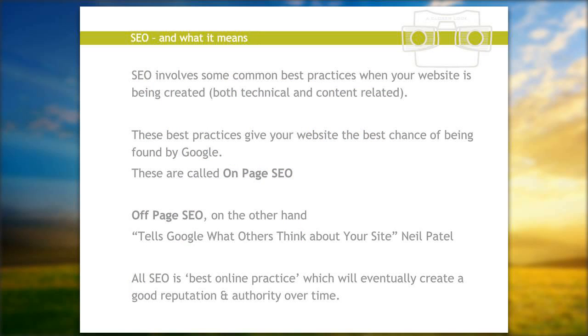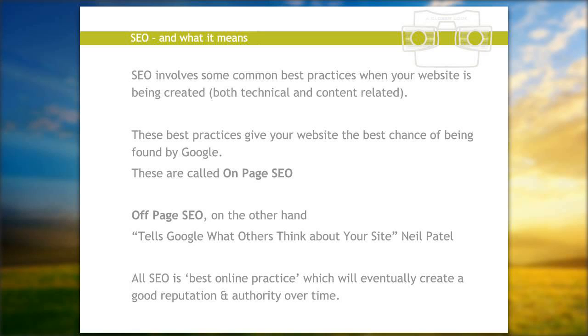Those practices are called on-page SEO, which means it actually happens on your website and on your page. So you have control over it, or you and your developer have control over it. Off-page search engine optimization, on the other hand, tells Google what other people think about your site.